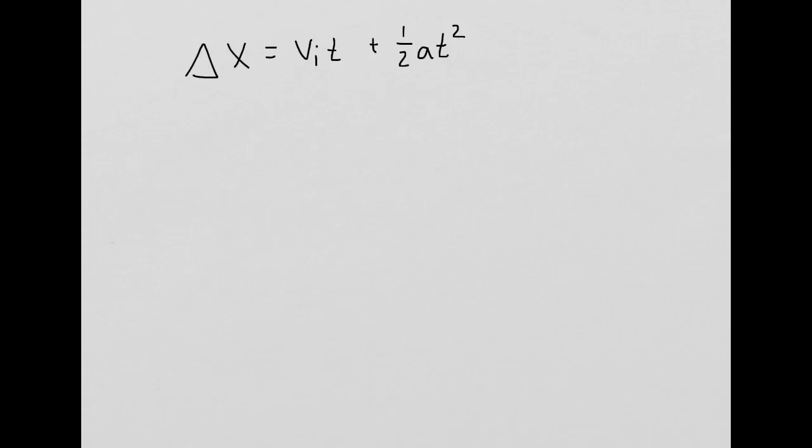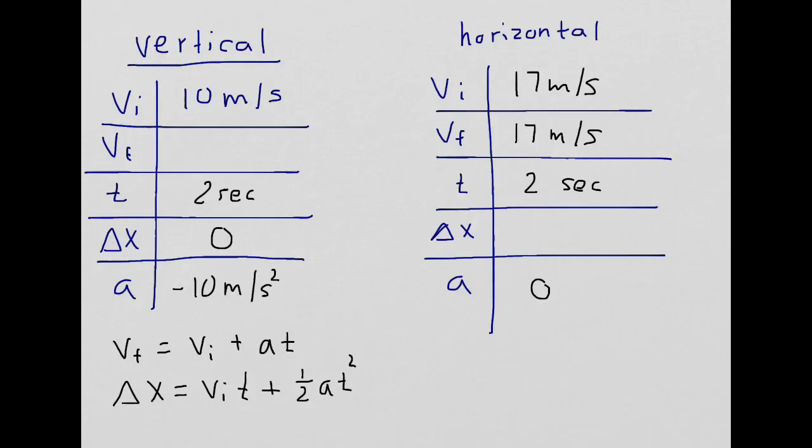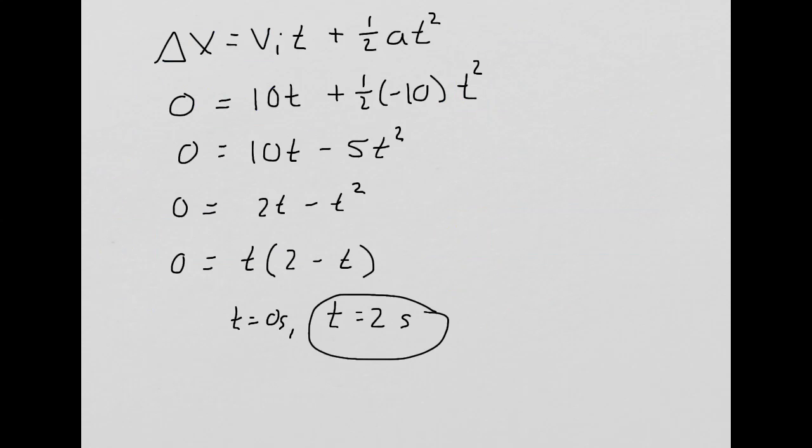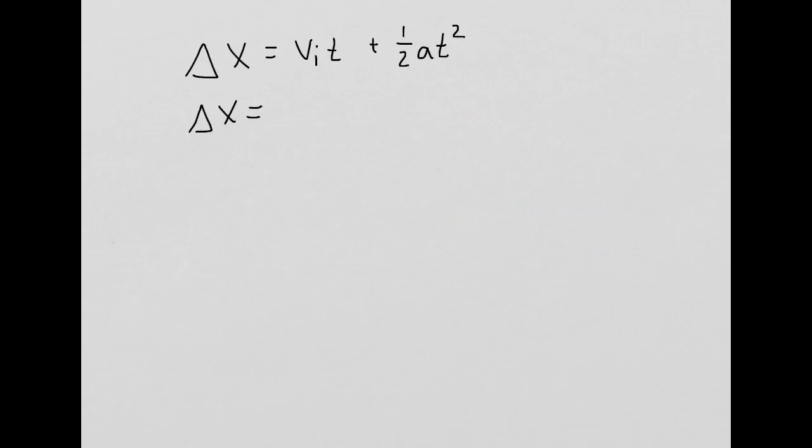So we're solving for displacement, the range, with respect to the horizontal. We know that the initial velocity with respect to the horizontal is 17 meters per second. We know that the time is 2 seconds and the acceleration is 0. 17 times 2 plus 1/2 times 0 times 2 squared.